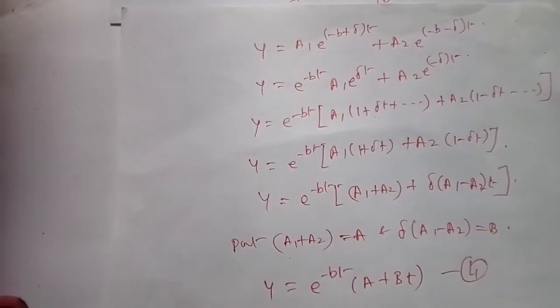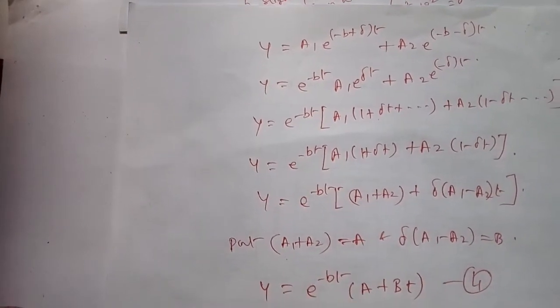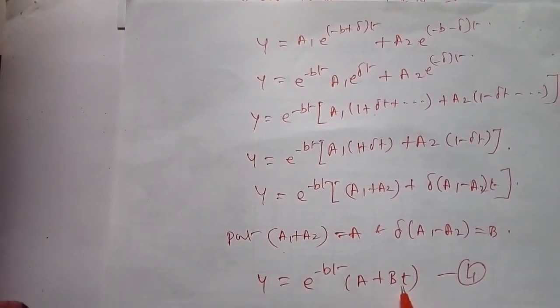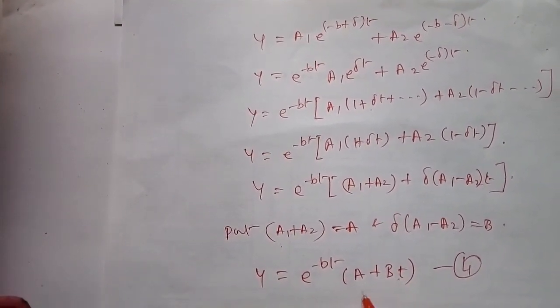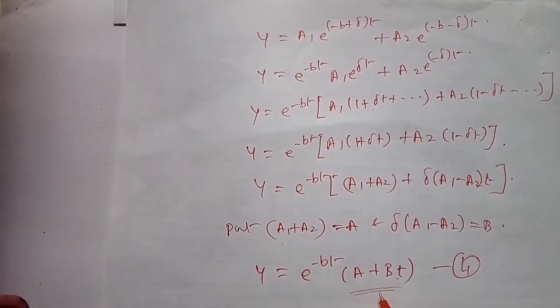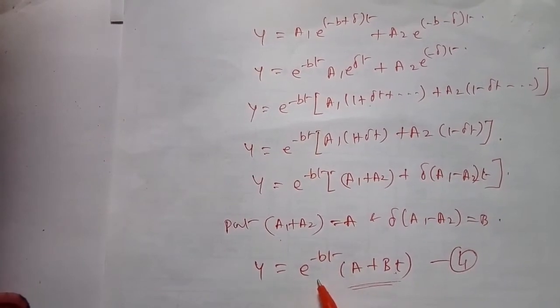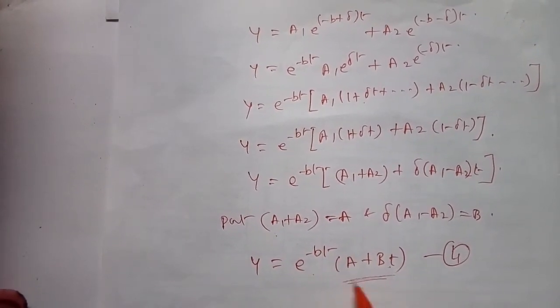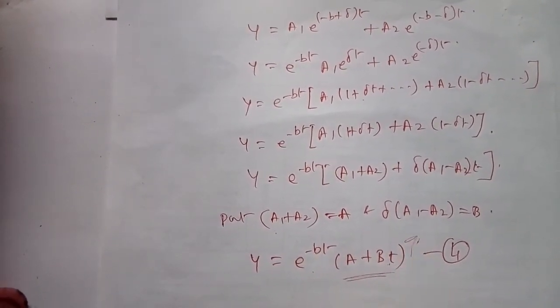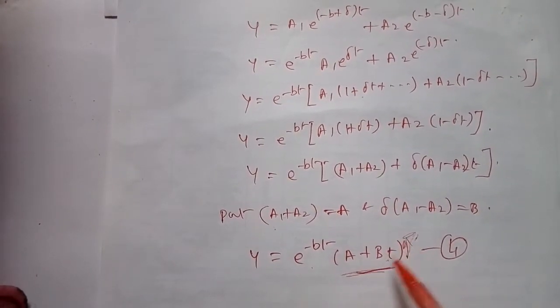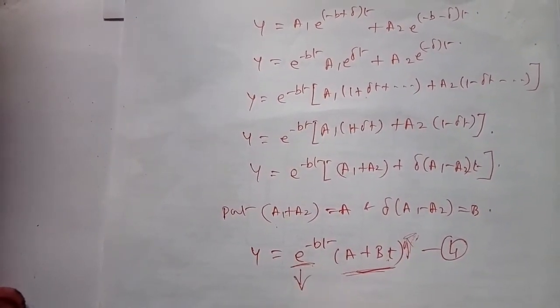It is clear from equation 4 that as time t increases, the factor A plus B into t increases, but the factor e to the power minus bt decreases. This factor increases with time, whereas this will decrease exponentially.